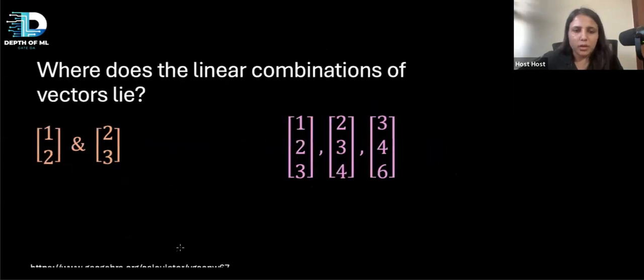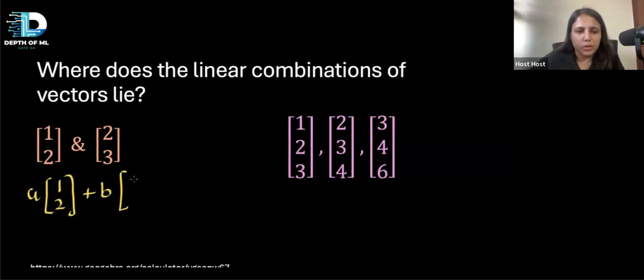And we also saw where the linear combination of these vectors used to lie. So when I was taking a linear combination of this plus b to 3, we saw that the linear combination belongs to R2, right? It can be any vector in R2.